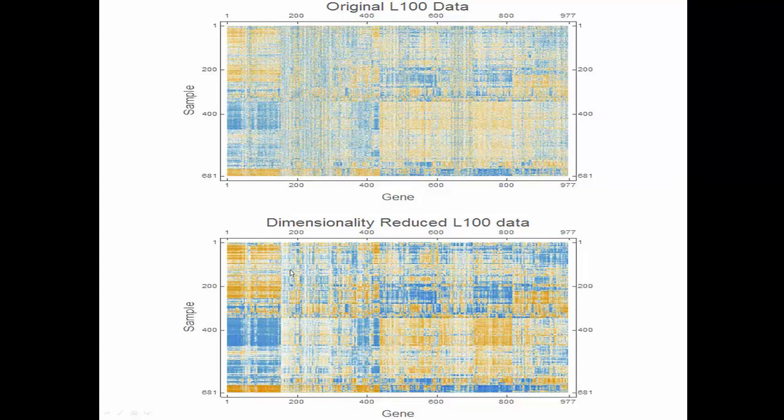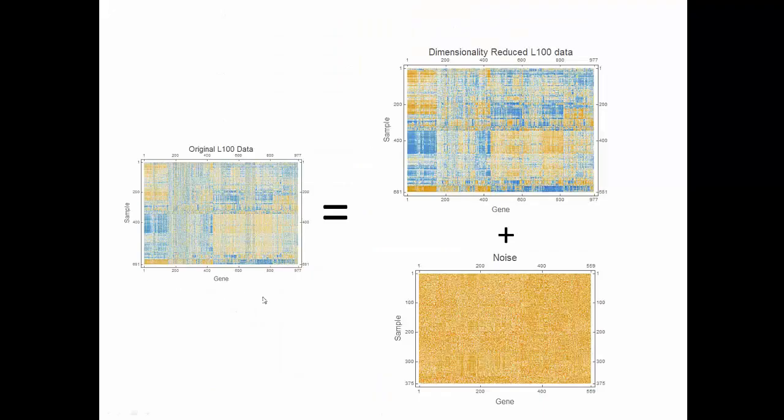And I included this picture because you can kind of see it visually. So we've actually done this decomposition. Here's the original data. Here's my low-dimensional part. So this is the part that's supposed to contain the structure in the data, or the essence of the structure in the data.